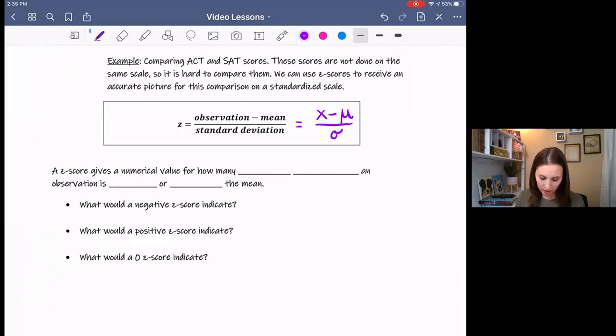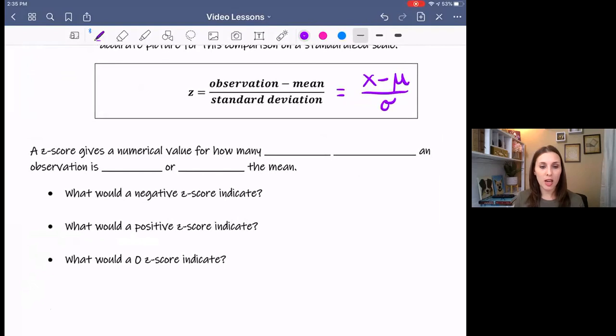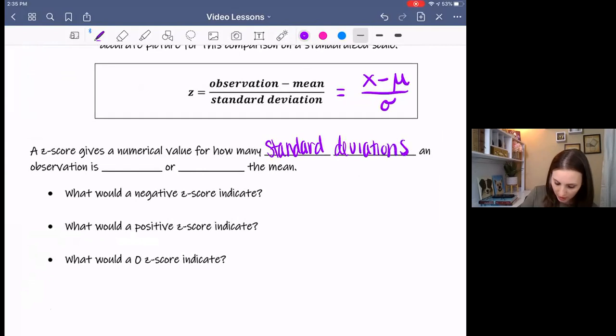And I've talked about this. A z-score gives a numerical value for how many standard deviations an observation is above or below the mean.